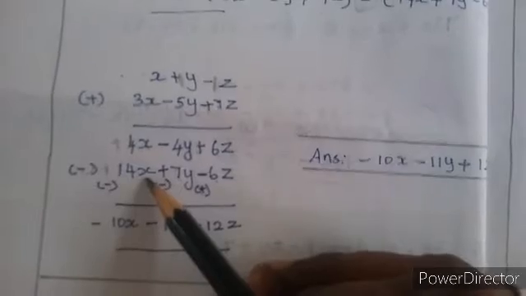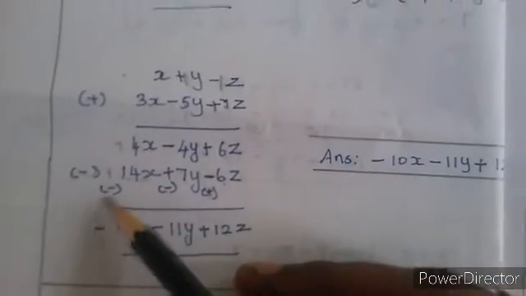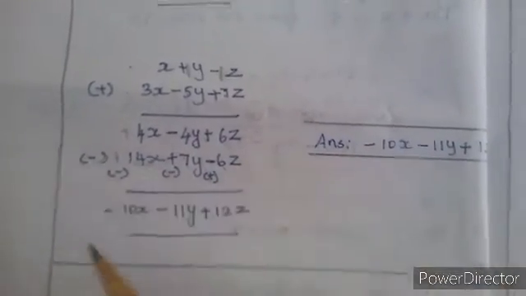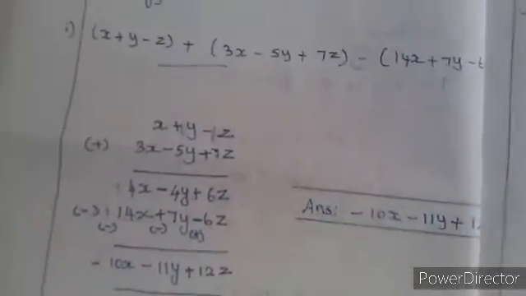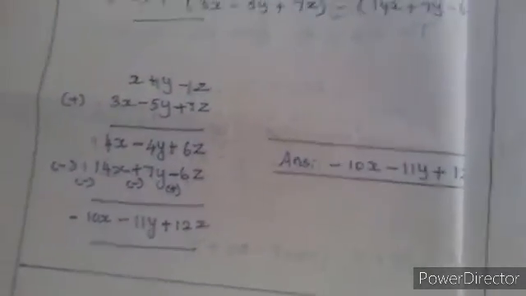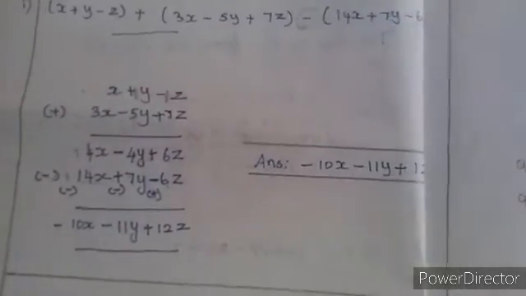The variable given in this term is x, and the greater term is 14x, so you have to write here minus 10x. The simplification sum, is it clear, students? Let's move to exercise 3.3.